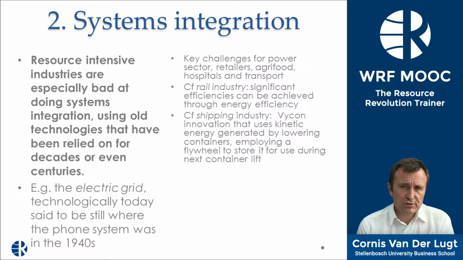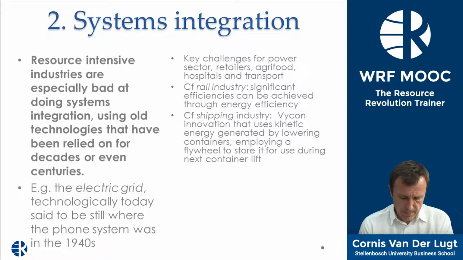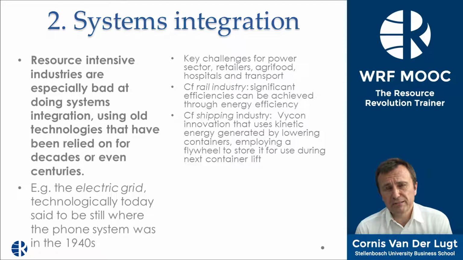You can look at opportunities related to systems integration in various industries, also heavy industries and infrastructure, for example, transport. Radical resource productivity opportunities that can be introduced through, for example, lighter rolling stock, better control of flows, and better load factor management.